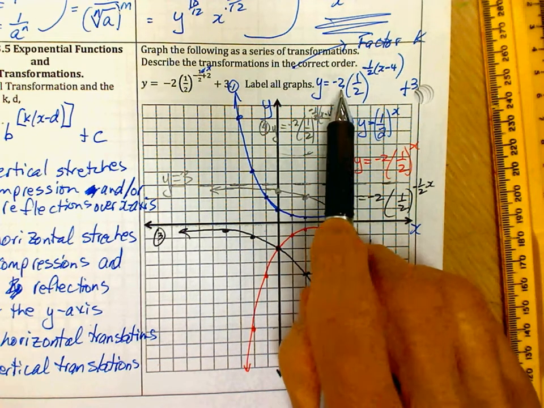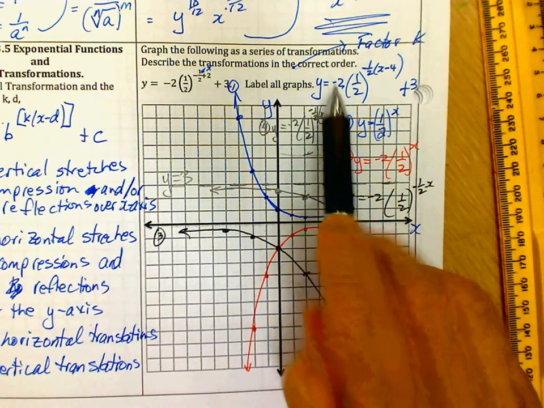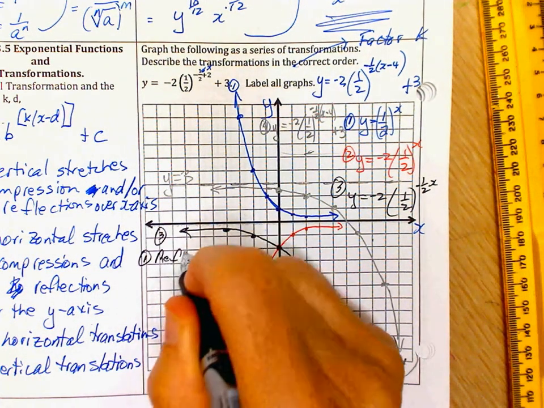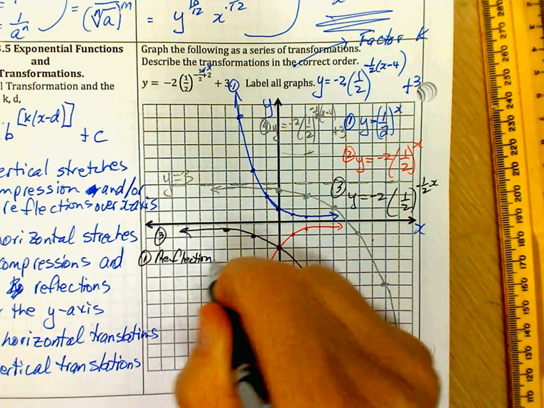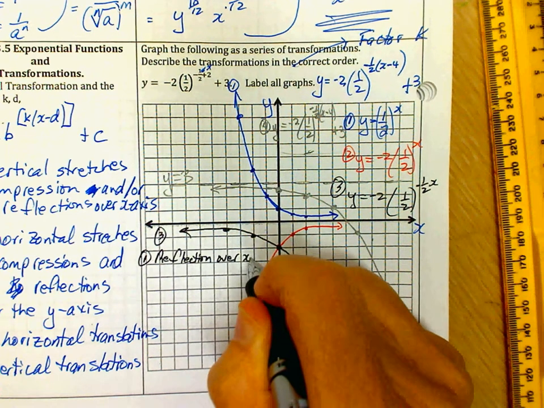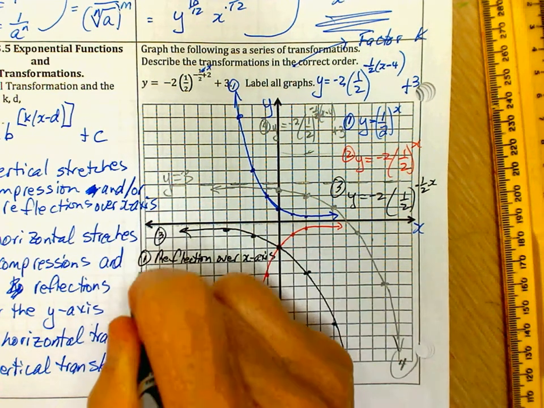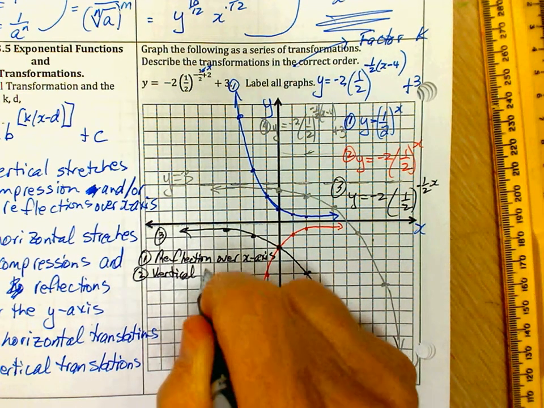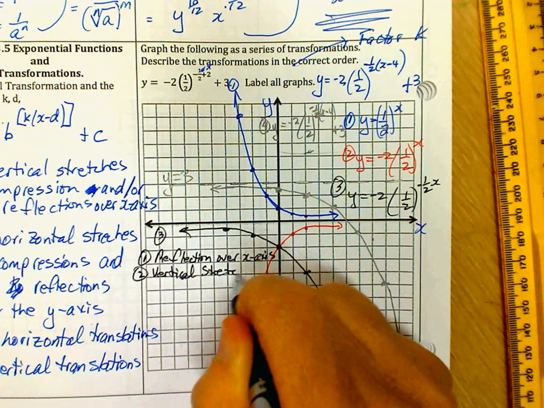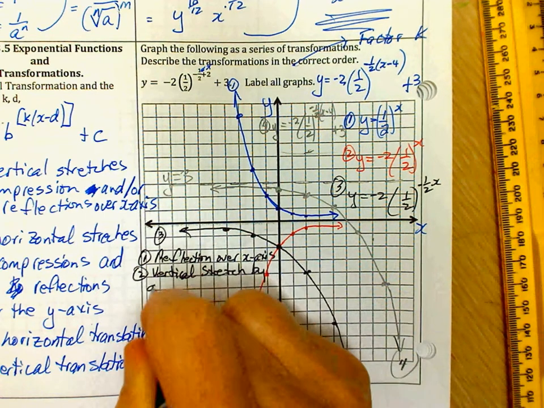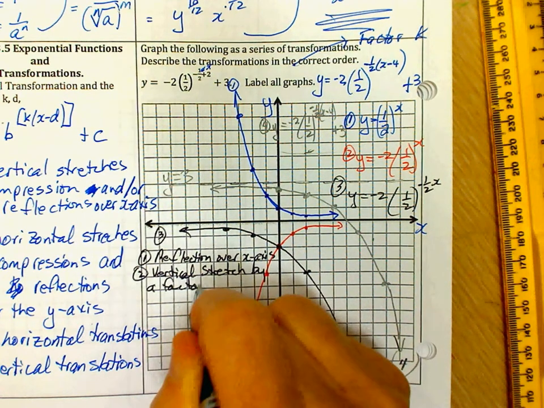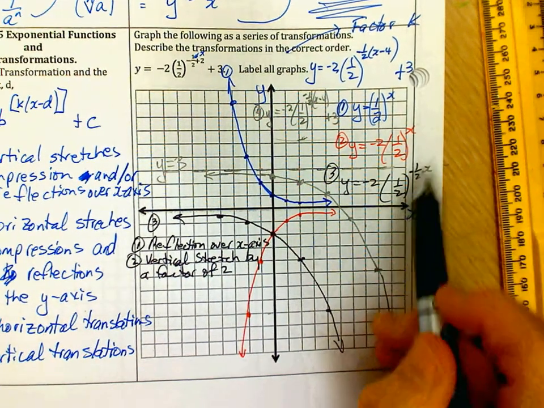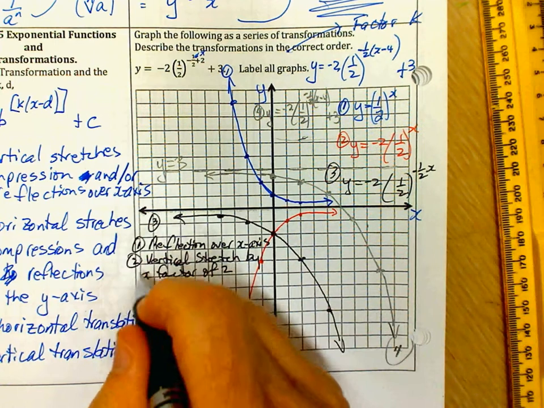That is 1, a reflection over the x-axis. 2, a vertical stretch by a factor of 2, and our k value is negative 1 half, so we have a reflection over the y-axis.